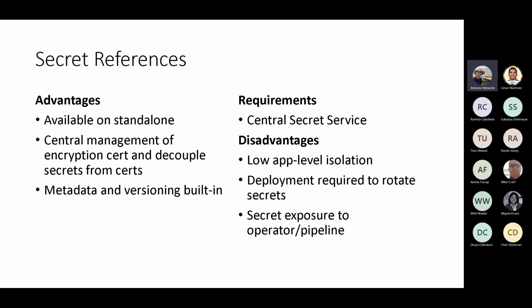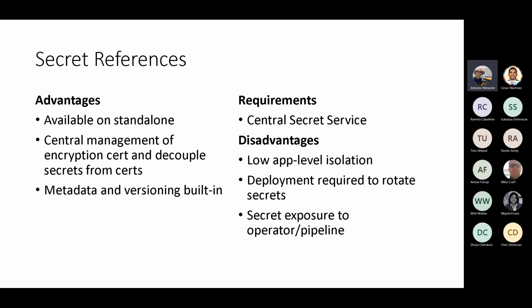Advantages: still available on standalone. With this, you get central management of the encryption certificate rather than per-app upgrades for encryption cert rotation. You get metadata and versioning. You always know which secret and which version your app is using by looking at your app model. Central management of those secrets could be an advantage or disadvantage, depending on your organization and your team.